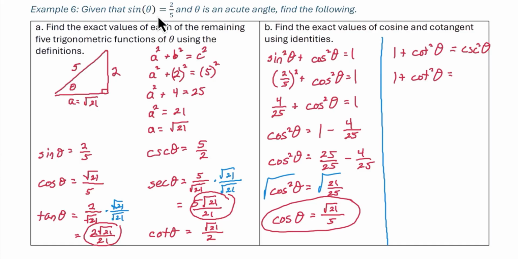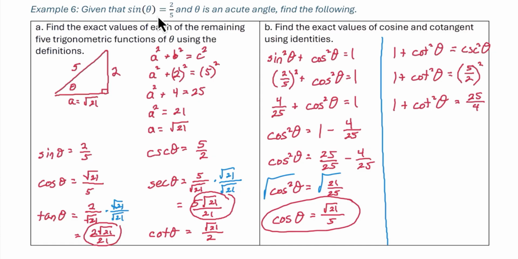Remember, cosecant is the reciprocal of sine. So let's just flip that 2/5 to get 5 halves squared. We now have 1 plus cotangent squared theta equals 25/4.